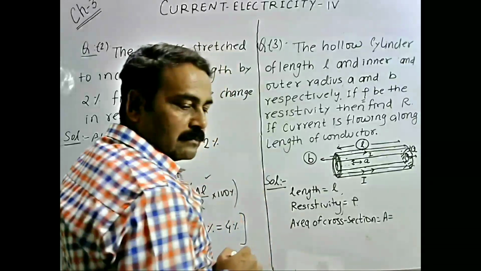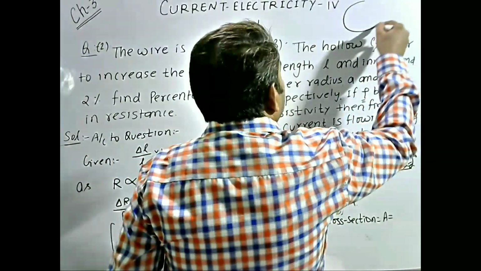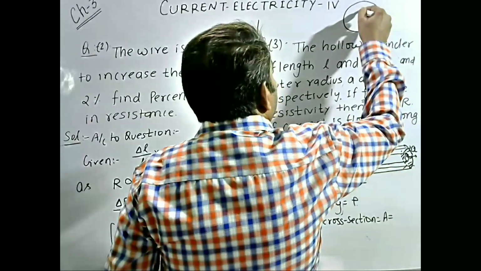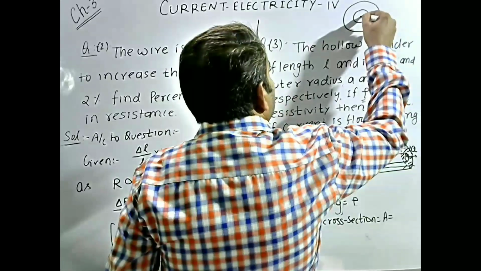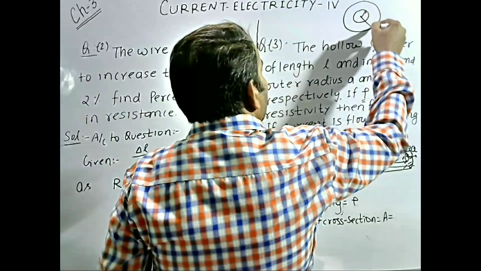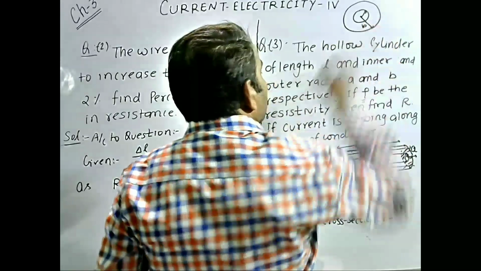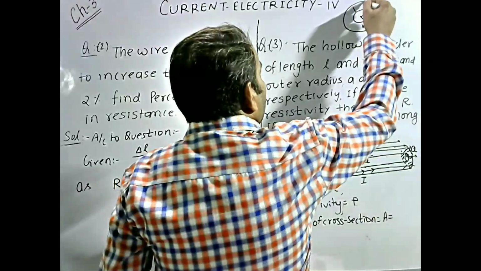Understand? Suppose this is like this. Here it is small radius a, and this is small b. Now the current flows only in this part.